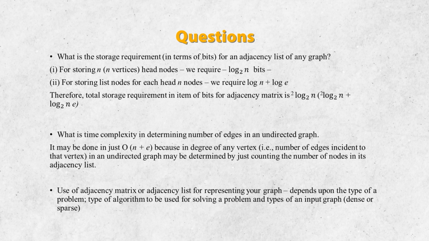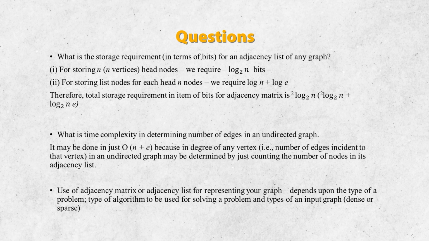So what is the storage requirement for the adjacency list of any graph? For storing n vertices, that is n head nodes, we require log complexity, that is log base 2 of n bits. For storing the list nodes, we require log base 2 of n and log base 2 of e.